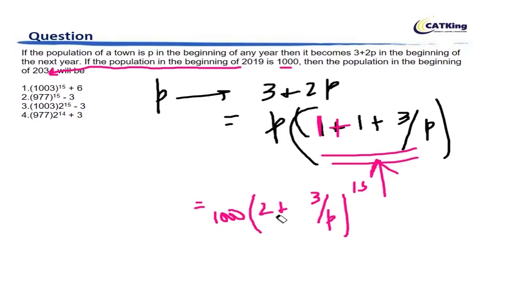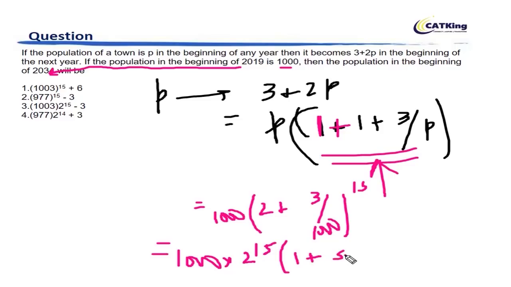Here also you will substitute. So what's happening here is, if you take out 2, so this is 1000 into 2 to the power 15 divided by 1 plus something small.